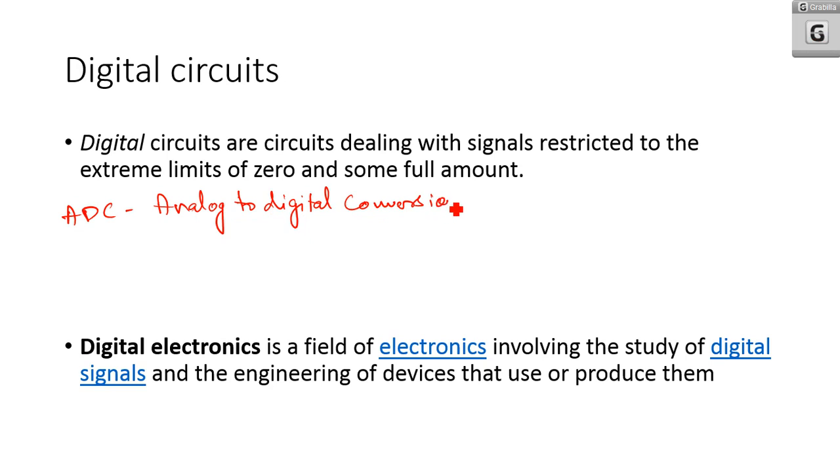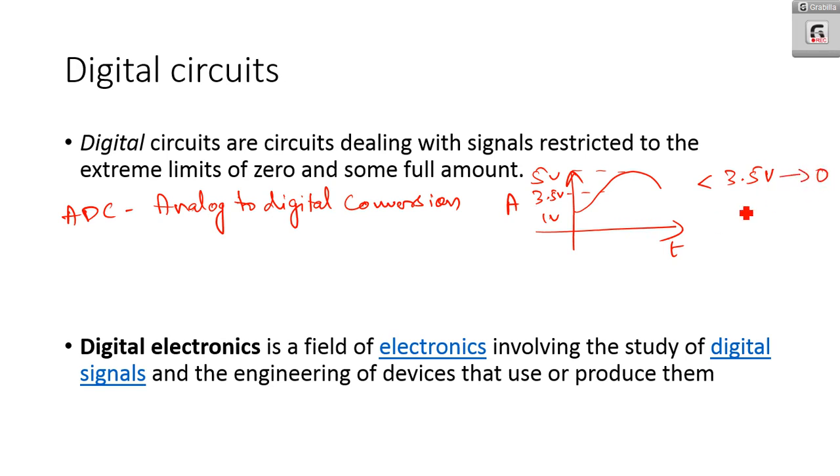That is what I mentioned in the earlier figure: if I have a continuous voltage like this, say this is 5 volt and this is 1 volt, with a median voltage of 3.5 volt, this is the time base and this is the amplitude. If the voltage less than 3.5 volt is set to 0 and the voltage greater than 3.5 volt is taken as 1, then such a representation is known as digital representation.